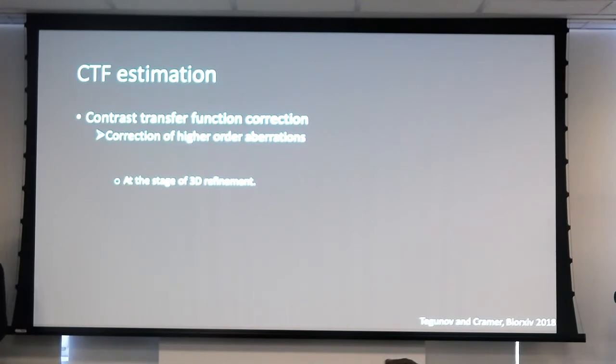So if you vary the defocus values a little bit, you'll see that your particle will have a peak somewhere where it fits the reference the best. And that's probably its correct defocus value.